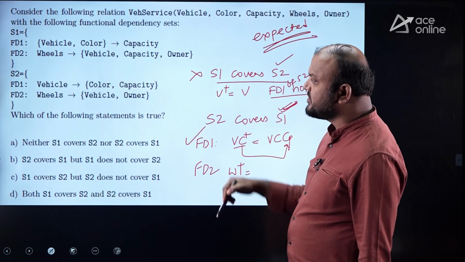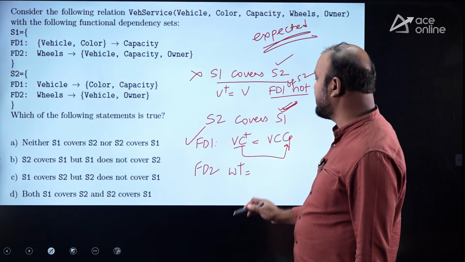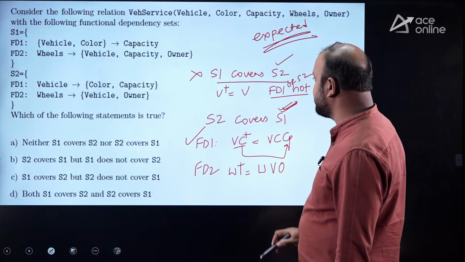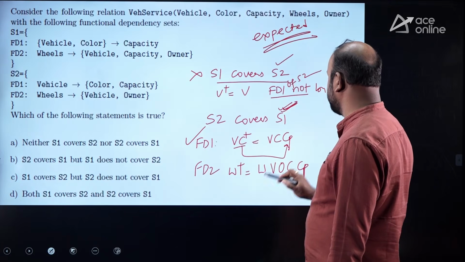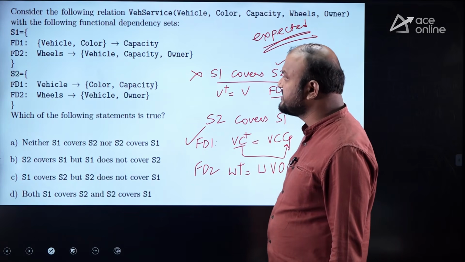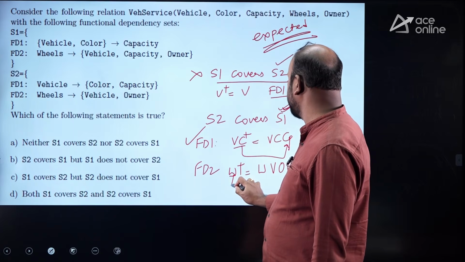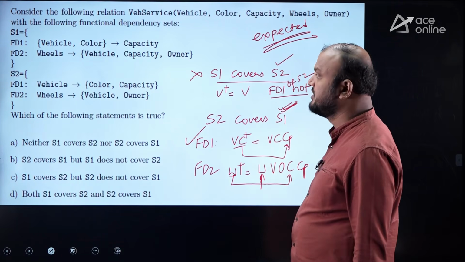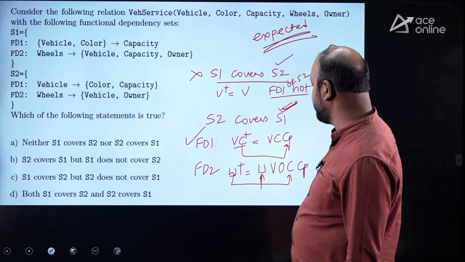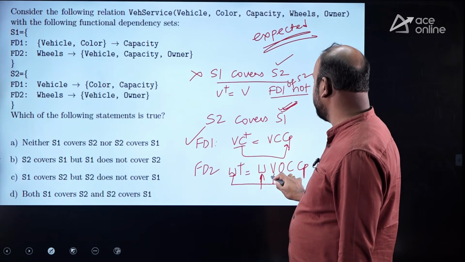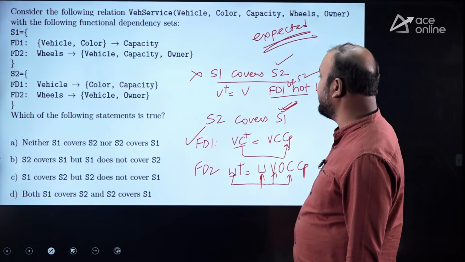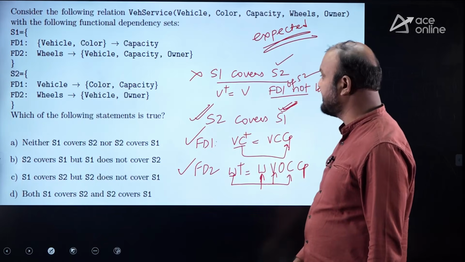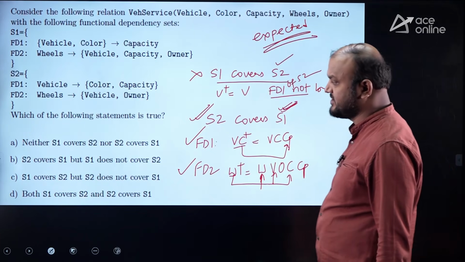What is wheel closure in S2? Wheel closure is wheel, vehicle, owner, because vehicle is there, color and capacity is there. What does FD2 say? Wheels determines capacity and owner, both. Sorry, wheels will have vehicle, capacity and owner, all three. Means this is also possible. Means S2 is covering S1, but S1 is not covering S2.